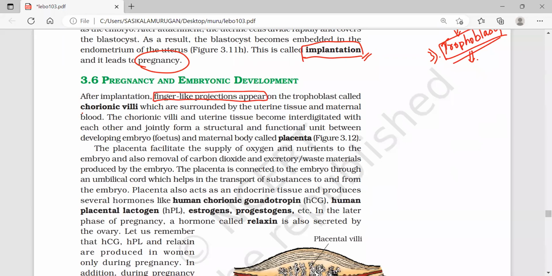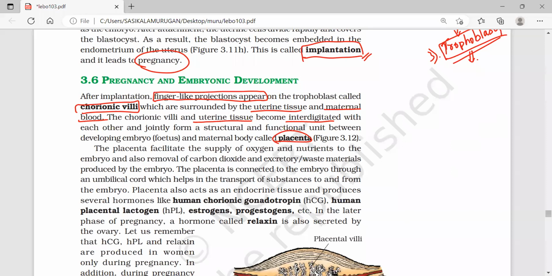Note down the word chorionic villi, which are surrounded by the uterine tissue and maternal blood. Both maternal blood and uterine tissue are covered by the chorionic villi. These chorionic villi and uterine tissue become interdigitated. Interdigitated means they are fused together and jointly form a structural and functional unit called the placenta. Of course, everybody is aware of it, right?